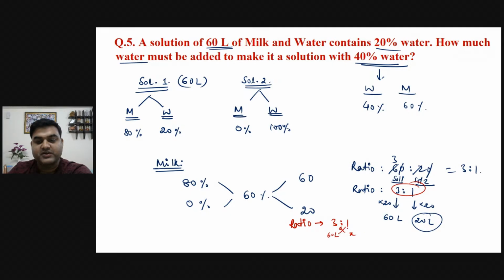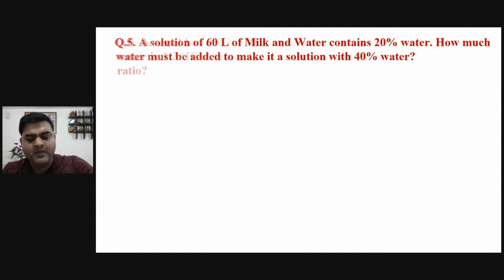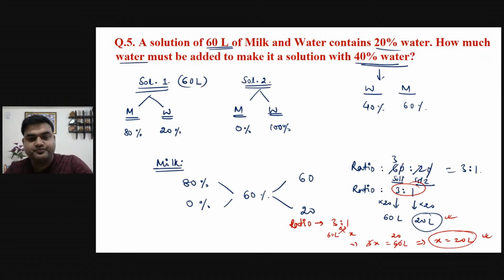Cross multiply: 3x is equal to 60 liters, so x is equal to 20 liters. So in both ways, you'll get the answer as 20 liters only. Hope you understood this.